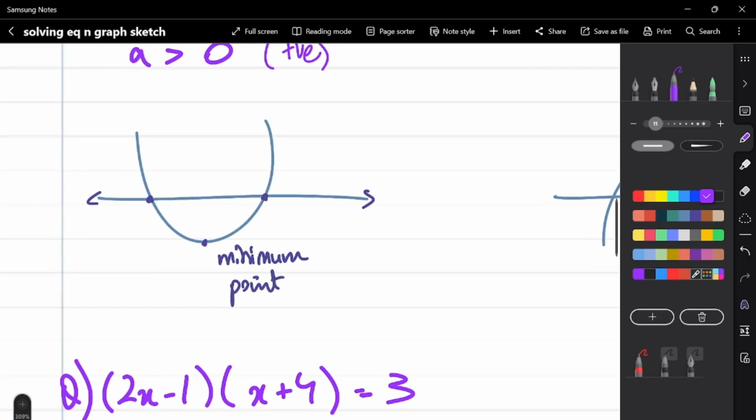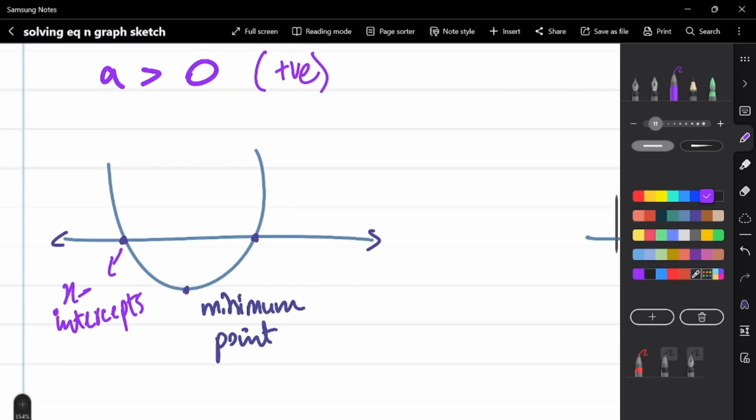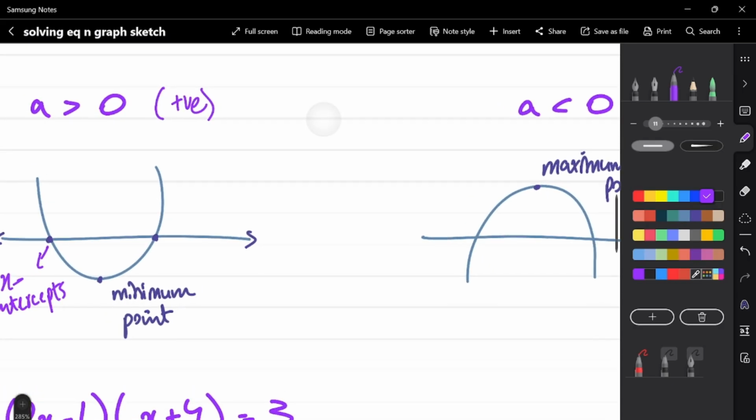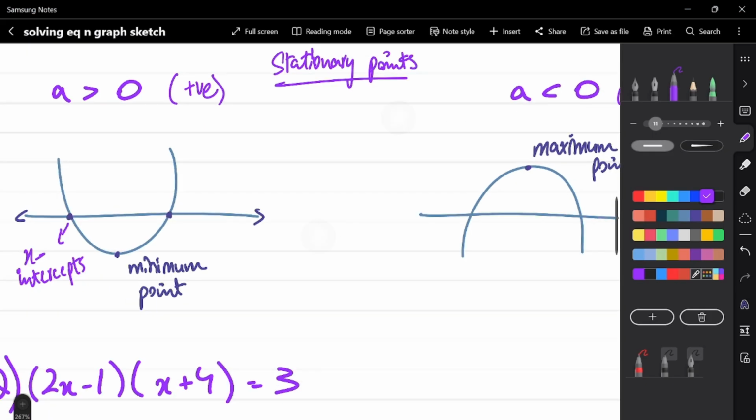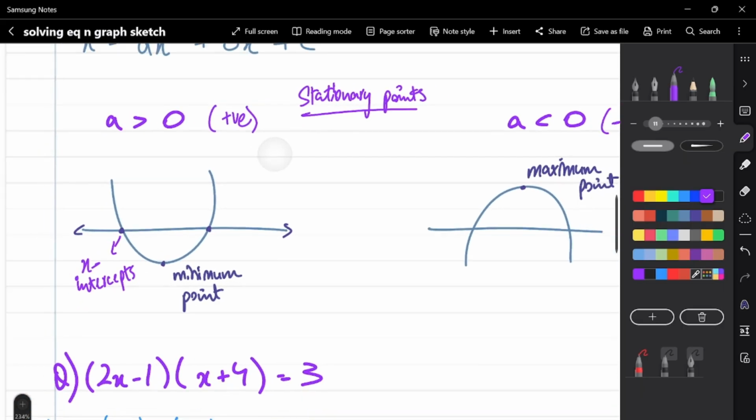And these are the x-intercepts, and the moment when the gradient of the curve is 0 is our stationary point. Okay, so this is a general term called the stationary point, and the stationary point can either be a minimum point or a maximum point, depending on the coefficient of the x squared term.